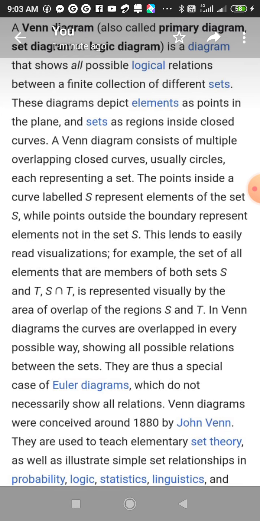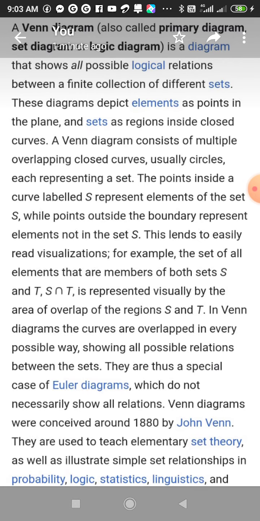For example, the set of all elements that are members of both sets S and T, that is S intersection T, where there are common elements in S and T, is represented visually by the area of overlap of the regions S and T in the Venn diagram.